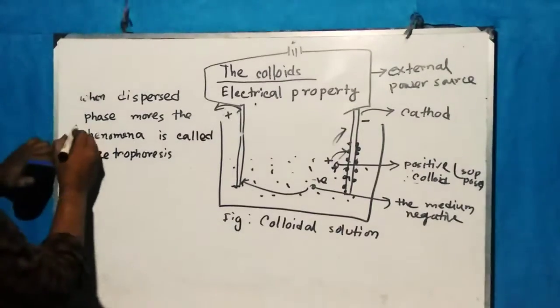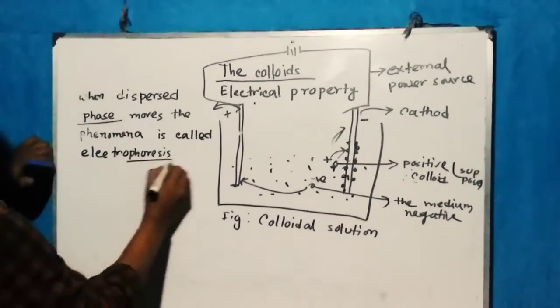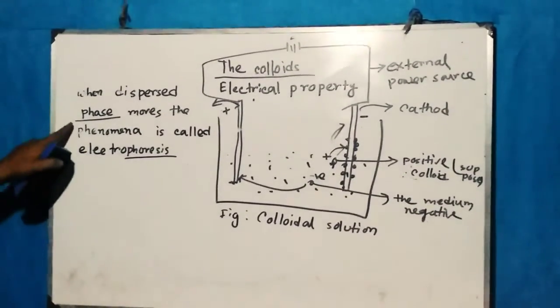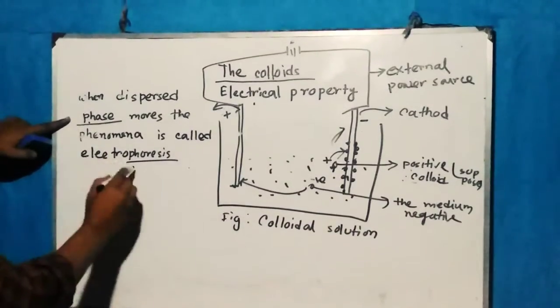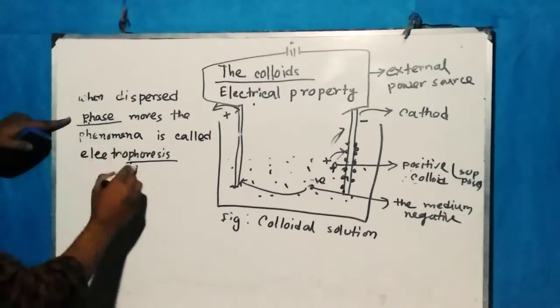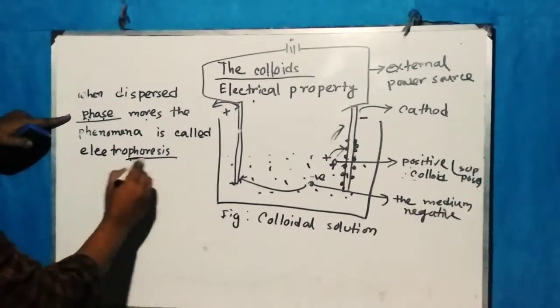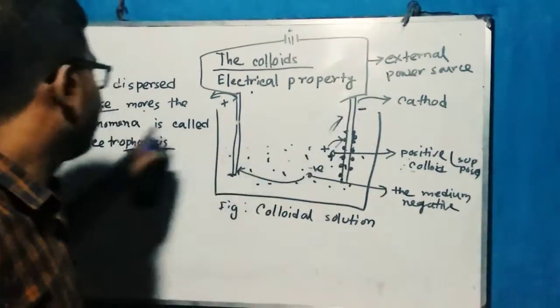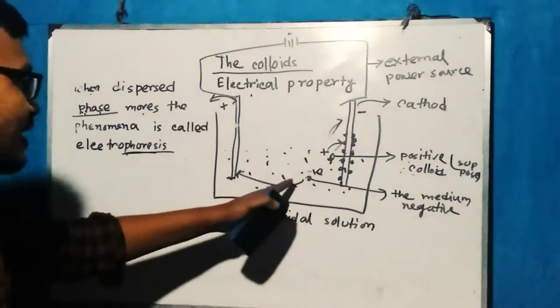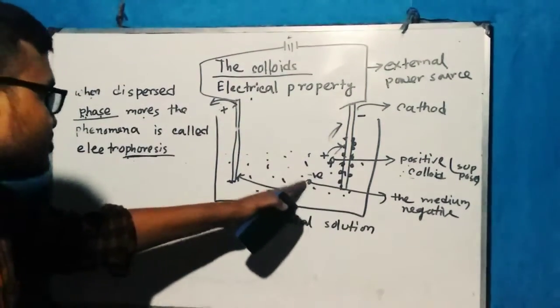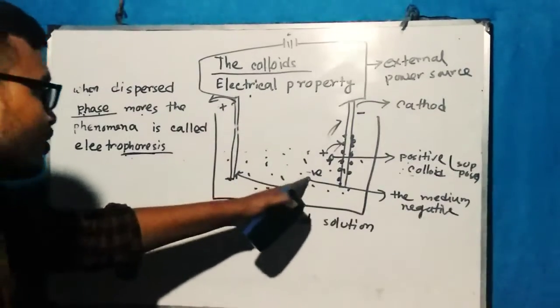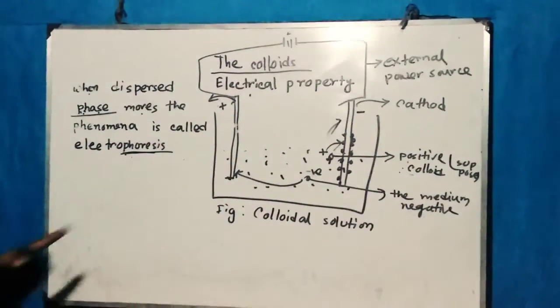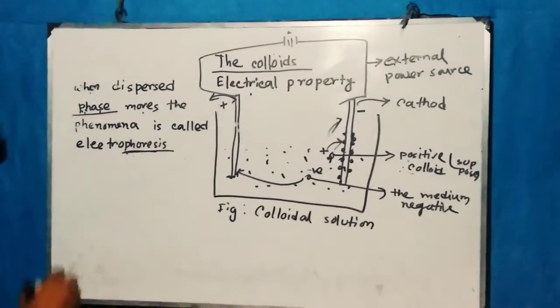It's an easy trick to remember: P is for phase, when the phase moves, that is called phoresis. So when the dispersed phase moves to the electrode, that is called electrophoresis, and the other one remains, that is the dispersed medium going to the electrode. When the dispersed medium is going to the electrode, that is called electro-osmosis.